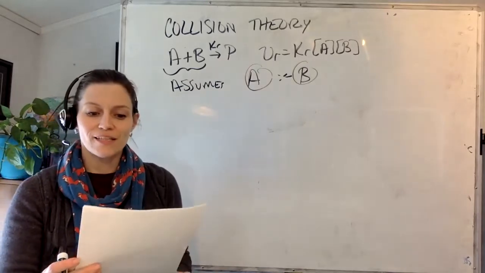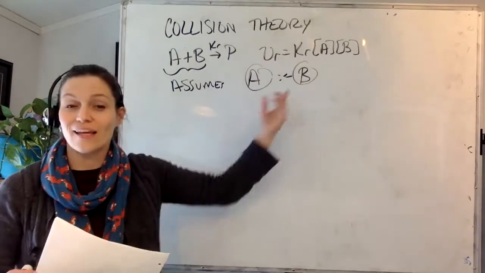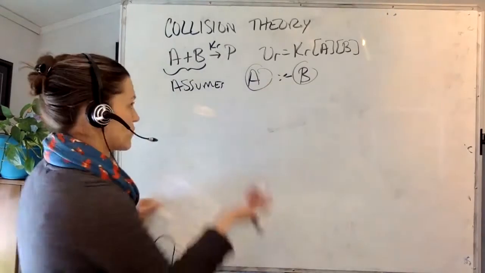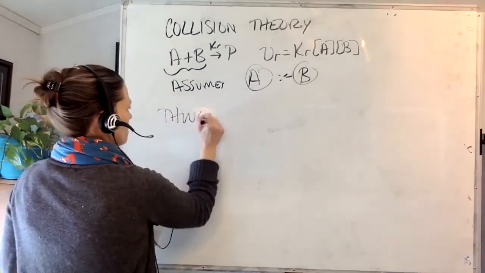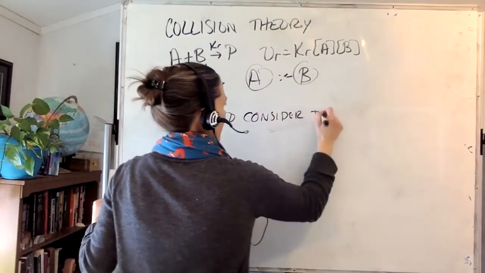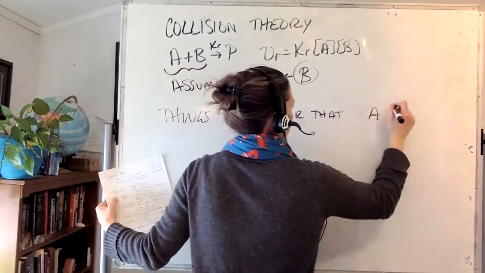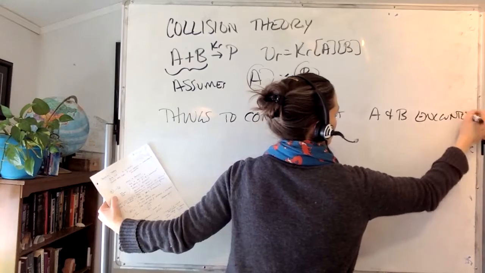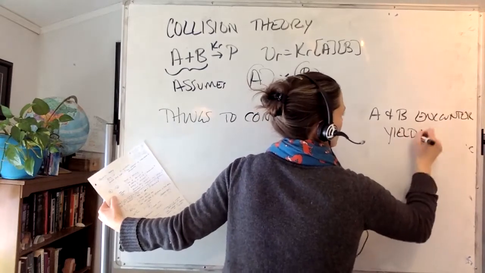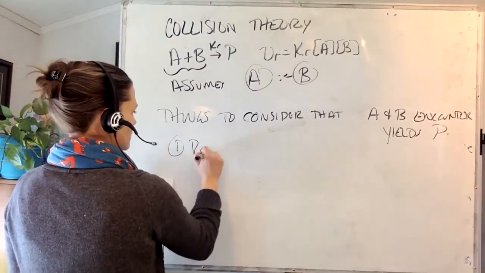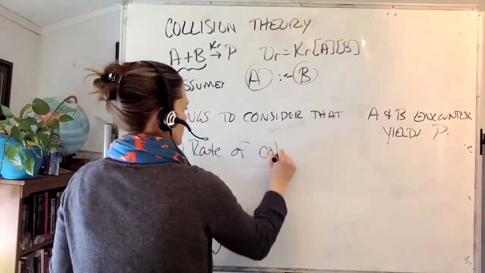So we're going to talk about the things we need to consider for the likelihood that an encounter of A and B yields P.